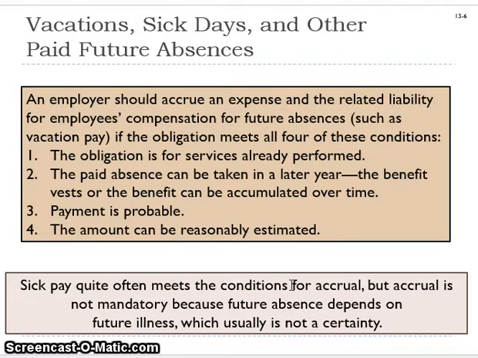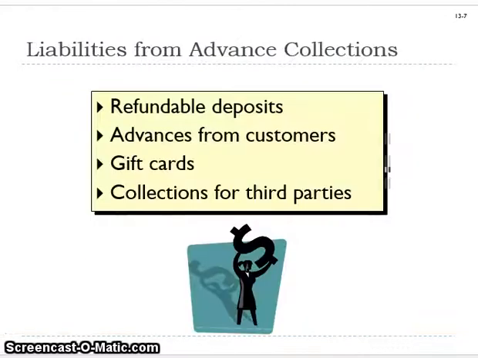So, it's a good practice to accrue sick days and sick time if the four items up here are met. But it's not mandatory, as it says, because it's not really probable. Some people never get sick, right? So you shouldn't have to accrue for them, I guess, is the mindset here. All right, interesting kind of concept.